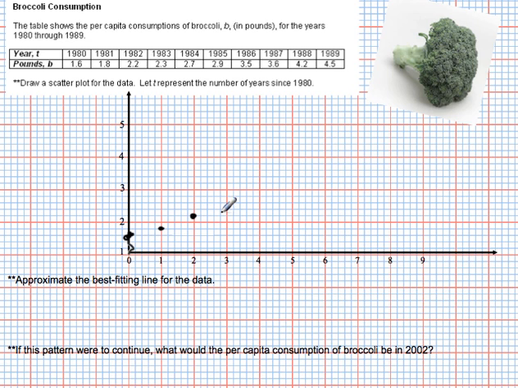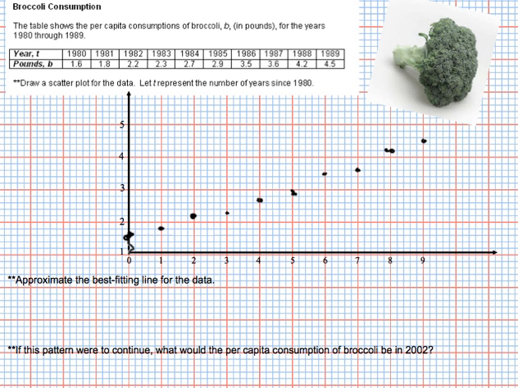Year 3 goes to 2.3. That's going to be kind of in the middle of these here. 1989 goes up to 4.5. And now you have a scatter plot. Okay, that's how you start your scatter plot. Again, it's really just a bunch of points.